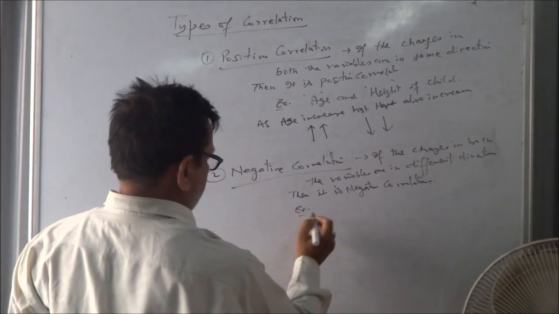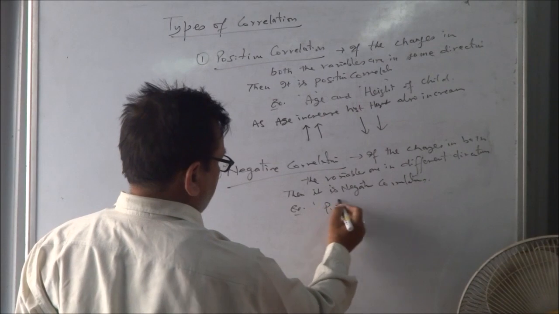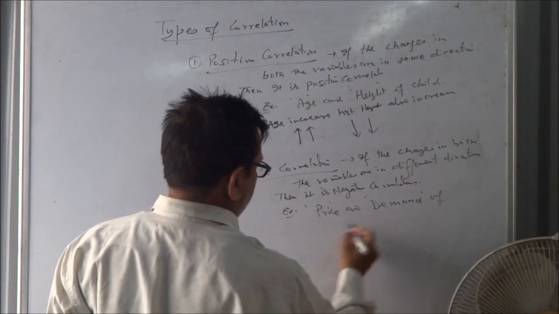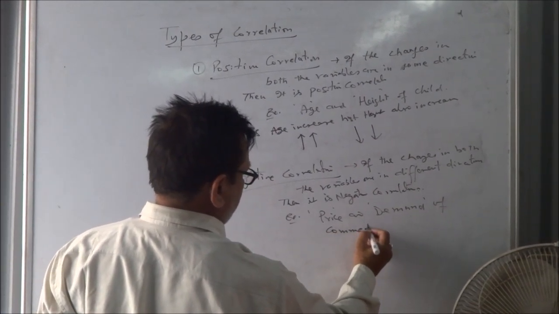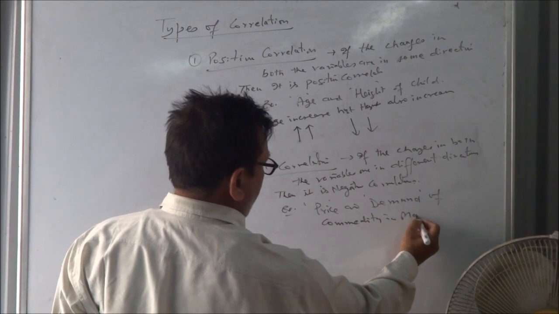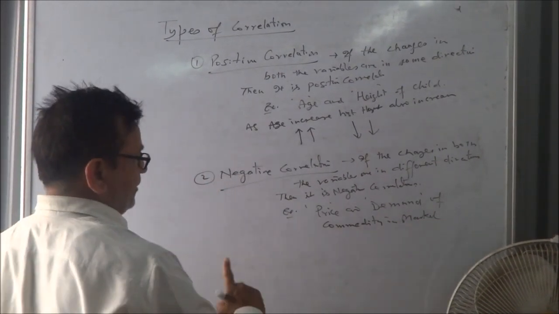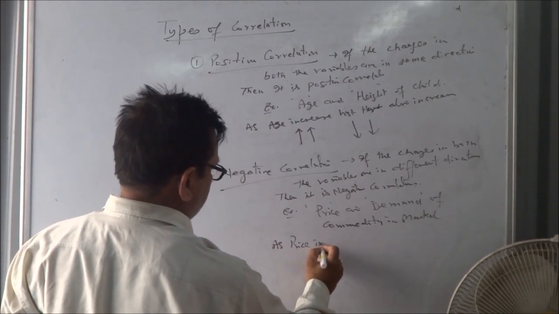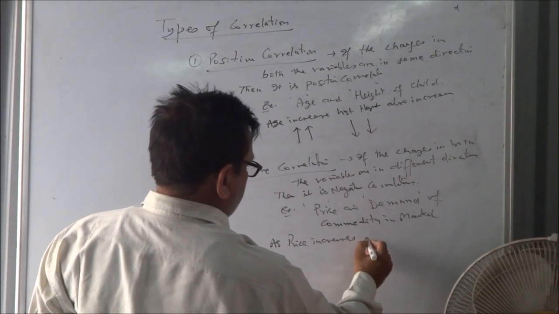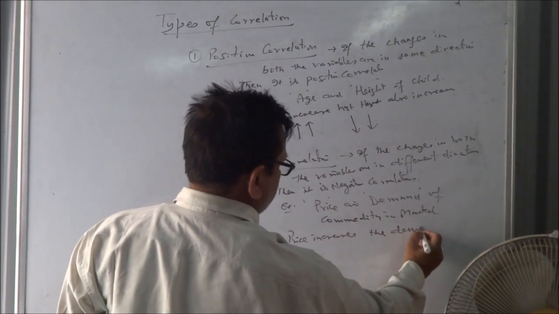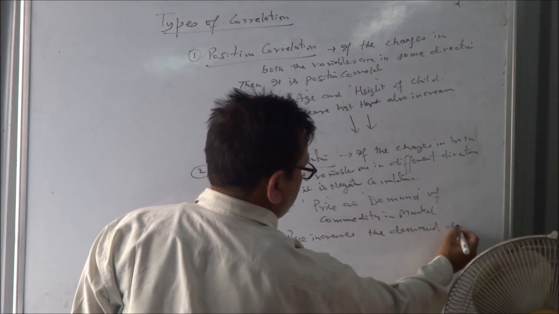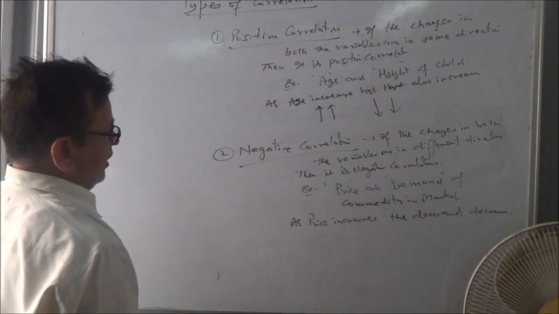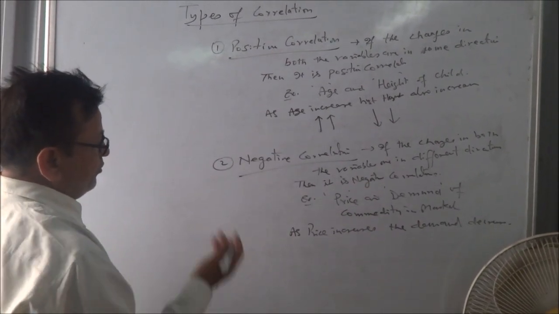For example, price and demand of a commodity in the market. As price increases, the demand decreases. So this is the example of negative correlation.